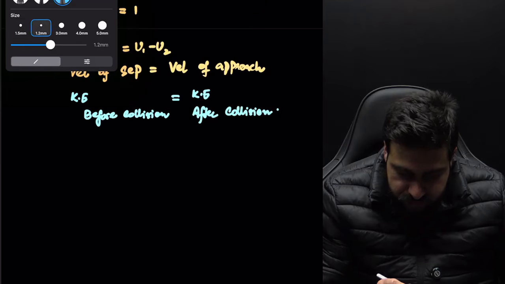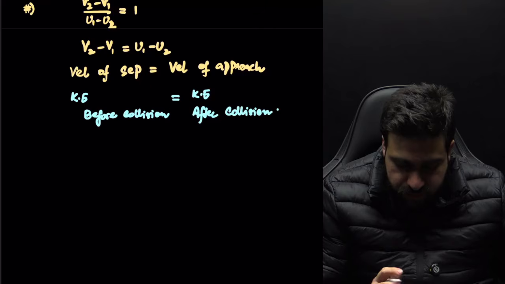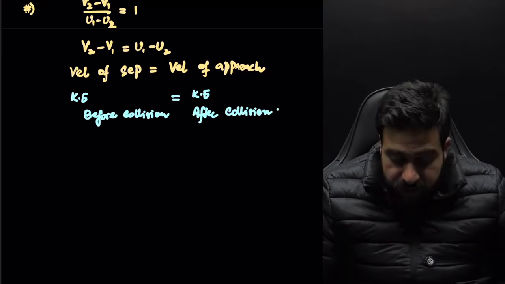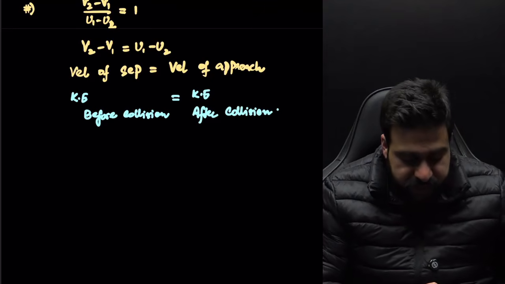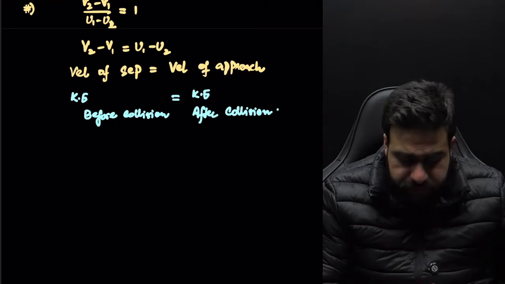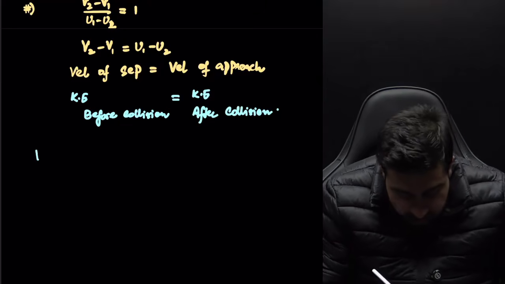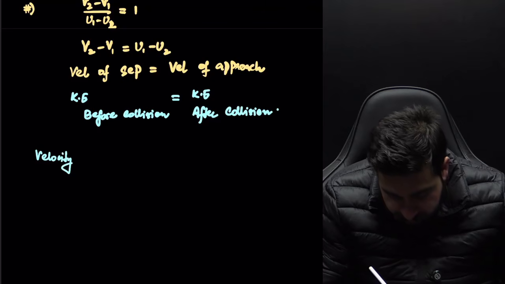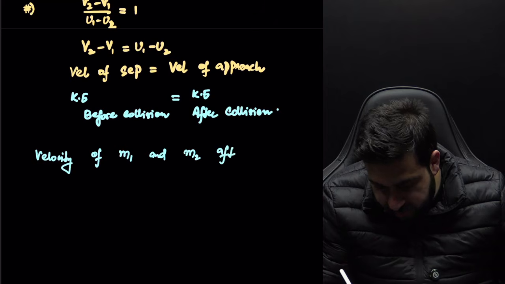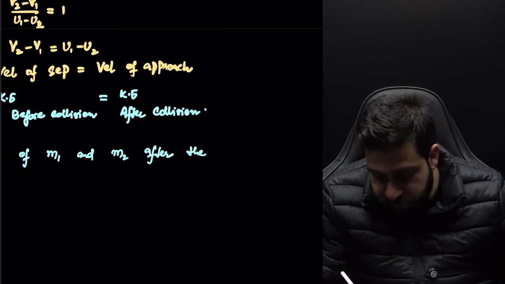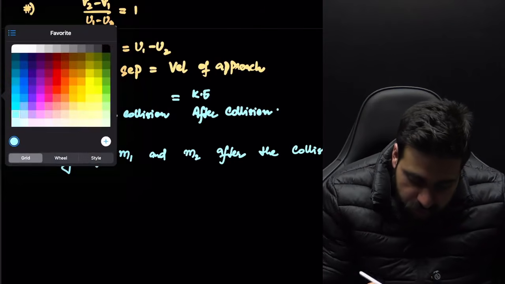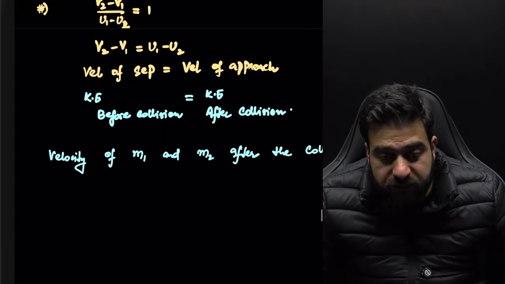We say here that kinetic energy remains conserved. And one more important thing: you need to find the velocity of m1 and m2 after the collision.